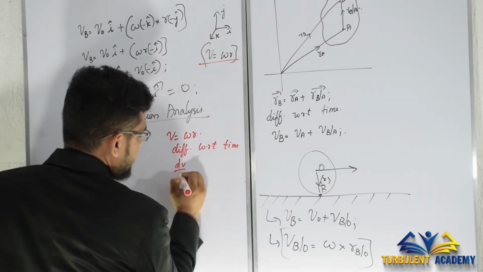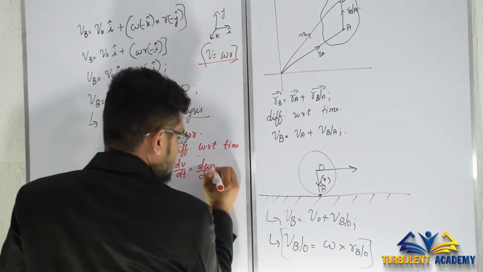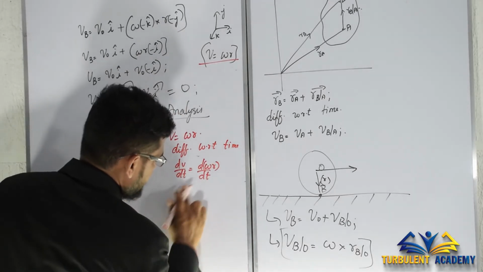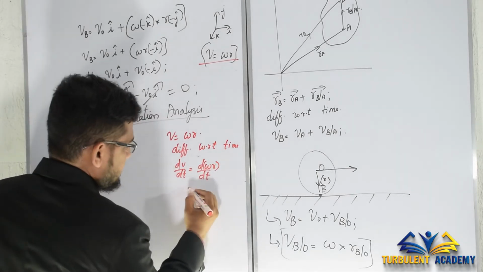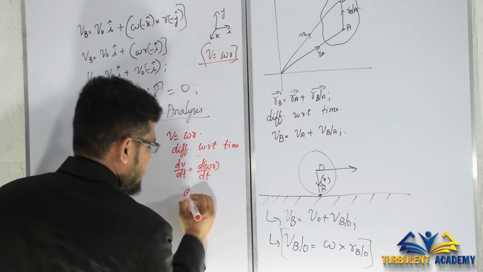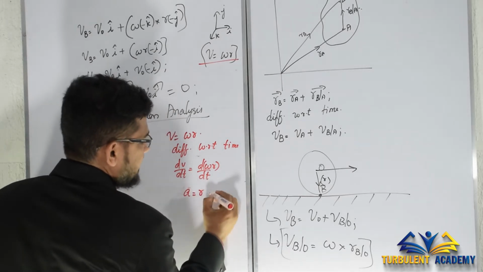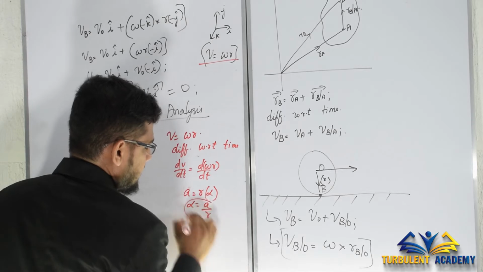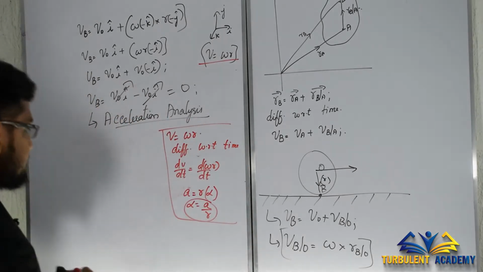So dv by dt is d omega by dt times r, and r is constant, so we take it out. dv by dt, velocity divided by time taken, is going to be acceleration. d omega by dt is going to be alpha. So alpha is going to be a by r. Keep this in mind before solving.